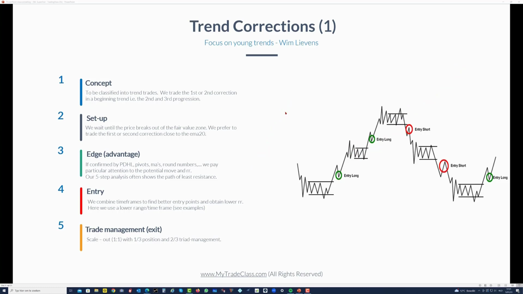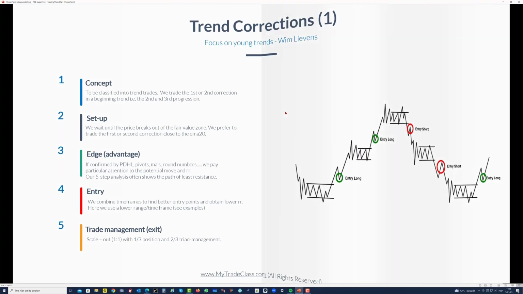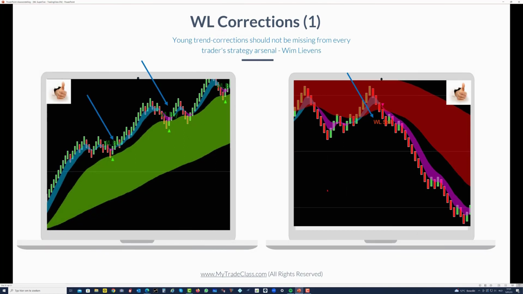Now I will show you this on an example, which is always a lot easier to understand. So here you see the corrections and the signals, and as you can see here, you see the green cloud, which is the WL trend, and this is the EMA 20 area in the time frame, or in this case the range bars which are currently trading.